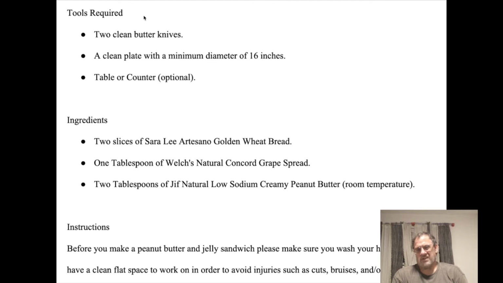Because wouldn't it really stink to give someone some instructions without first telling them which tools they need or which ingredients they need, right? Because then they'd be reading the instructions, putting together, assembling this sandwich, and they're like, oh, I need a table? Why didn't they say that before? Now I gotta go to IKEA and get me a table, right?